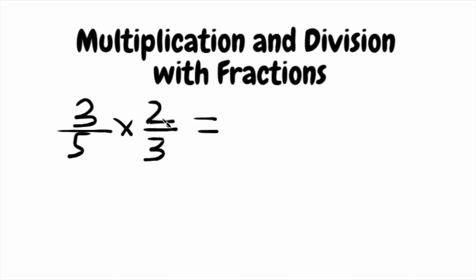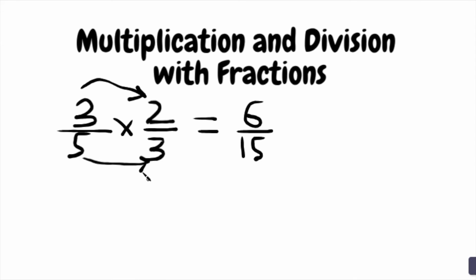So you do 3 times 2, that's going to give you 6, and 5 times 3, that's going to give you 15, okay? You just do 3 times 2, and you do 5 times 3, right? So you don't need to get a common denominator, that's all you do.